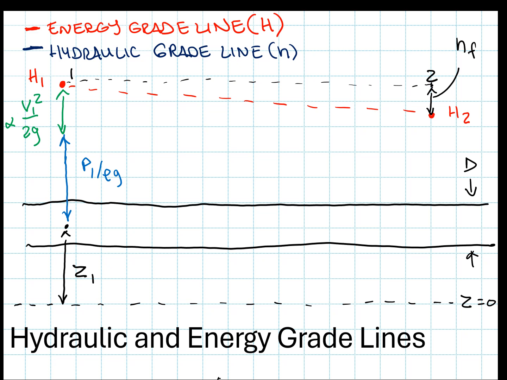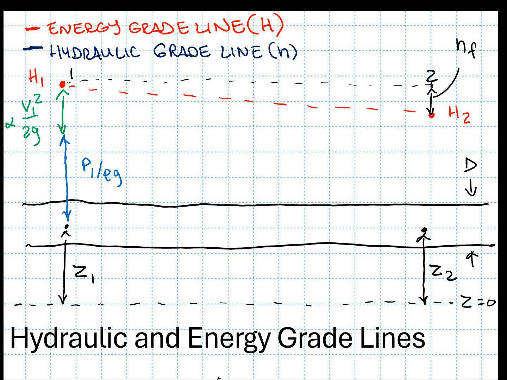Z2 is still at the same elevation as Z1, right? It's a horizontal pipeline. So Z2 and Z1 are the same. So clearly there can't be any changes that have happened within my elevation head. So let's look at velocity. The pipeline diameter down here at 2 is the same as it was at 1. My flow is steady through the pipeline.